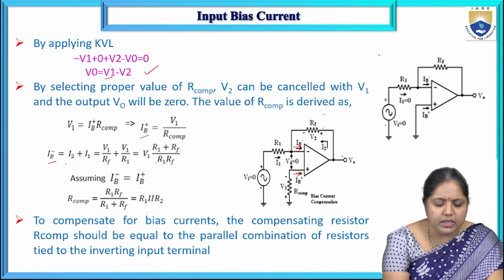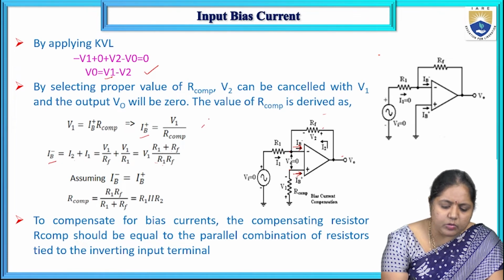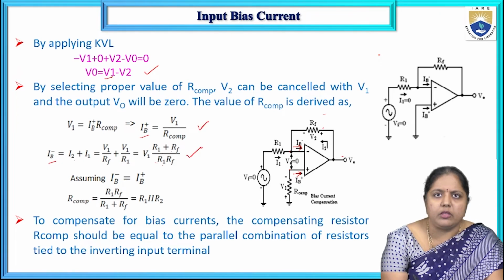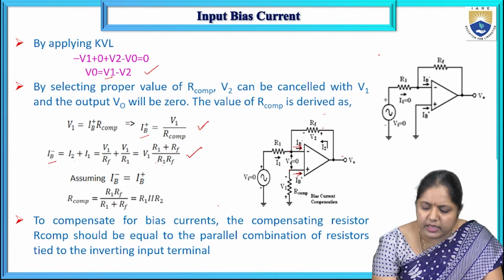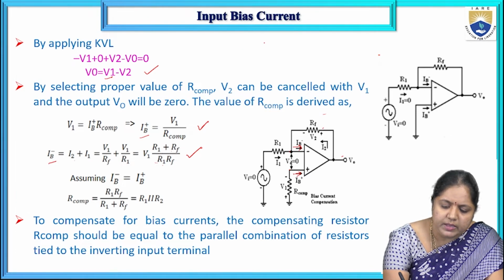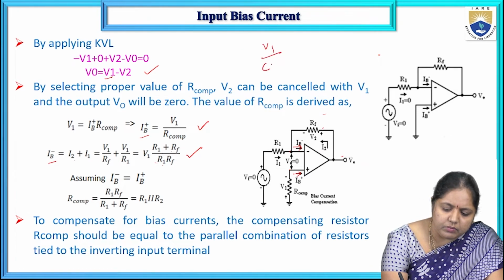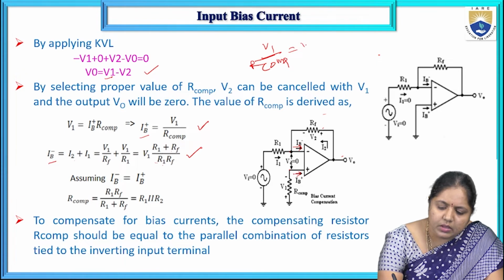With that assumption, this current expression is equal to the other. Then IB plus equals IB minus, so with respect to R comp, you get V1 by R comp equal to V1 into (R1 plus RF) by R1 RF.